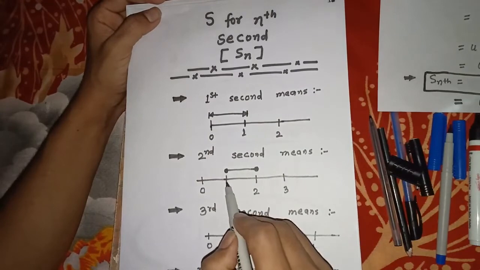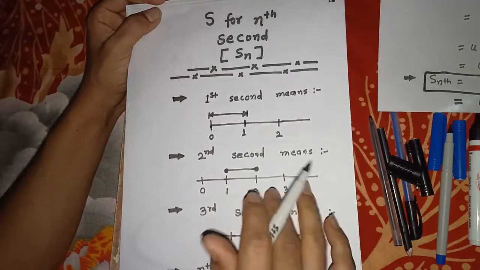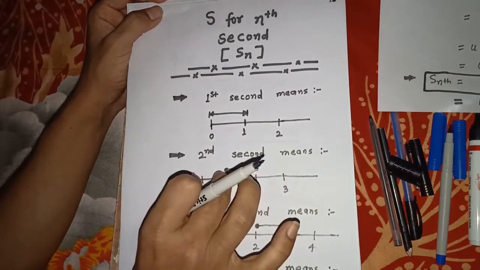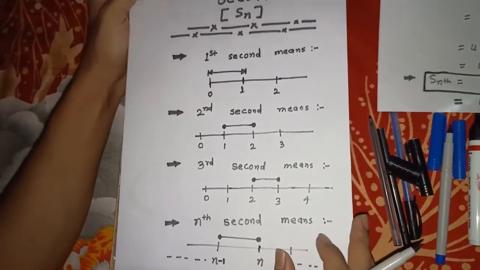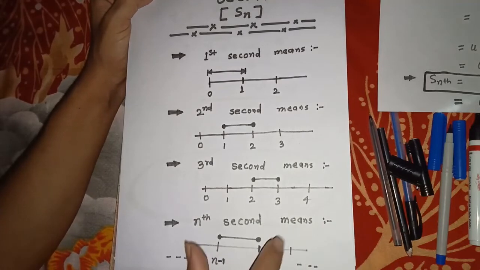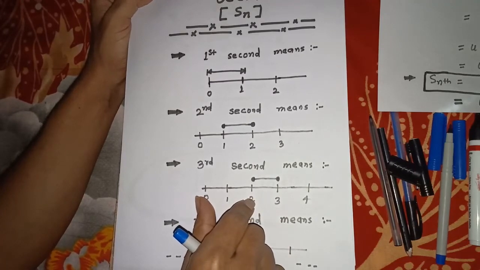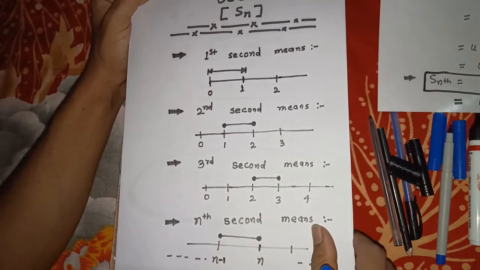And if you want to find the displacement in the second second, you have to calculate the displacement from the start to this and from the start to this, and take the subtraction. Similarly, if I want to know the displacement in the third second, then I have to calculate the displacement for 3 second and then the displacement for 2 second, and we have to subtract it. Have you got my point?